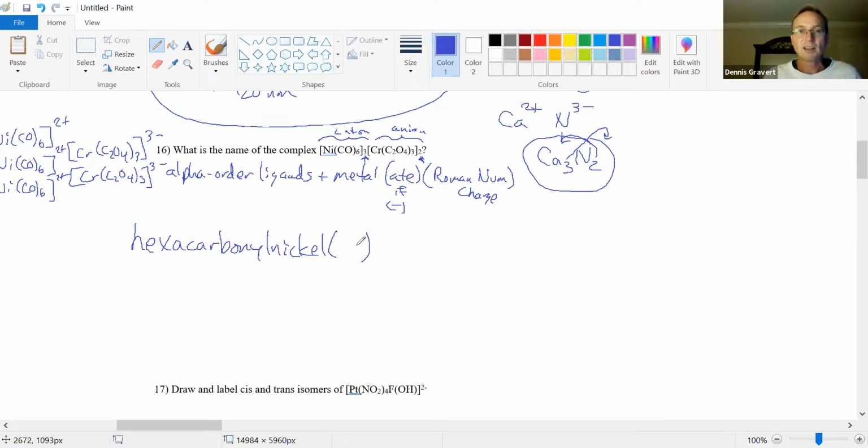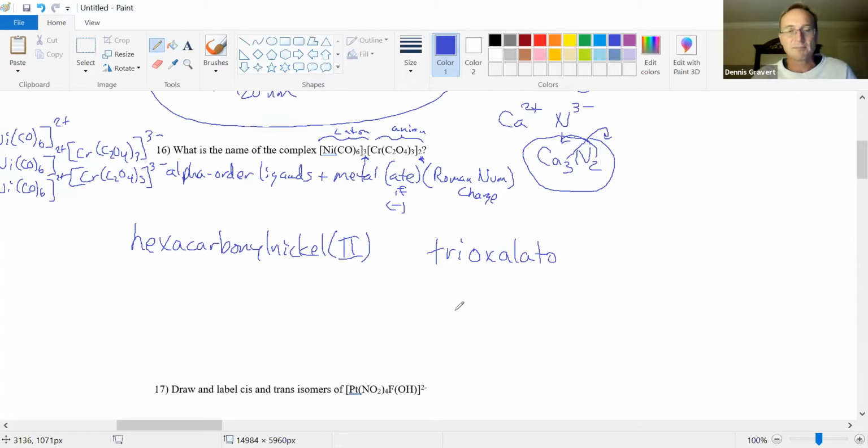So the nickel is a +2. Cool, we got half of it named. The other side, well, alphabetical order on the ligands. Those are oxalate, C2O4. You can go back and look at the top of the sample test. And how many oxalates do I have? I have 3 of them. So tricycles have 3 wheels, triangles have 3 sides, and it's trioxalate.